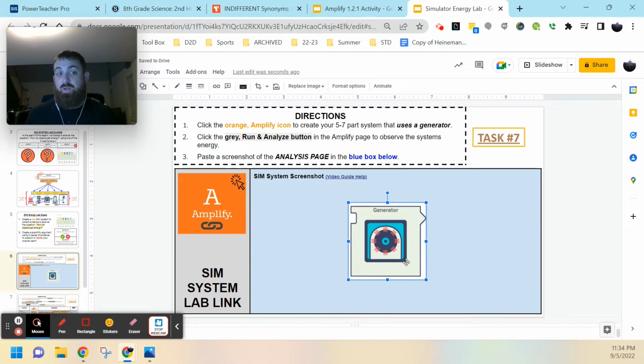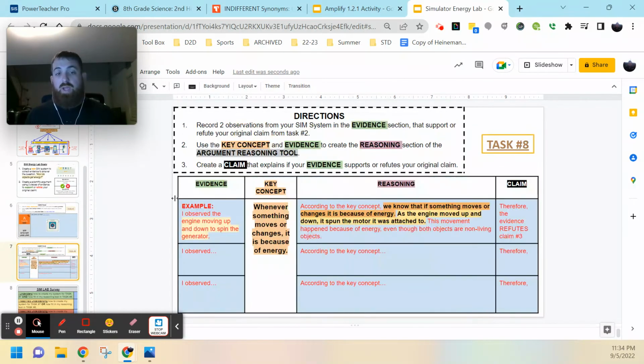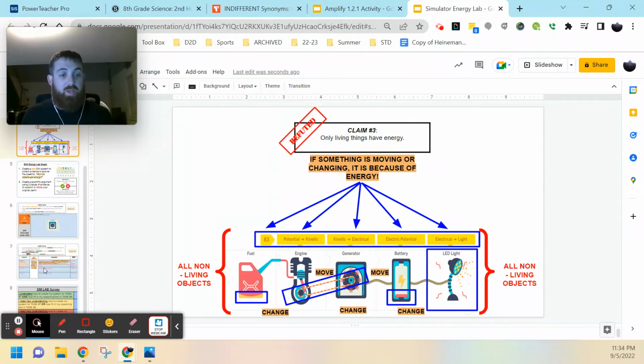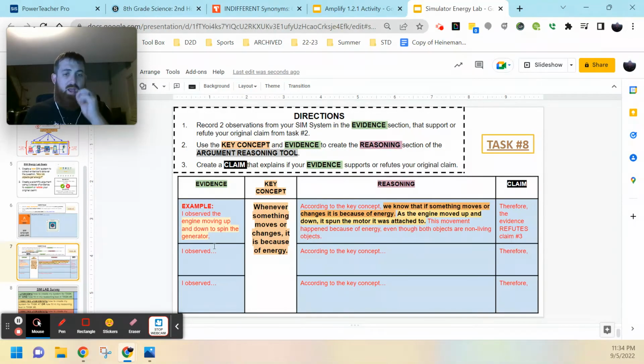So I need to see the system you're using for our lab, because once you're done, you're then going to create your argument that's going to help you explain how your claim is either supported or refuted by evidence. So let's take a look at an example using our old system, using our old argument that we had from here. So I might start off by saying I observed the engine moving up and down to spin the generators.